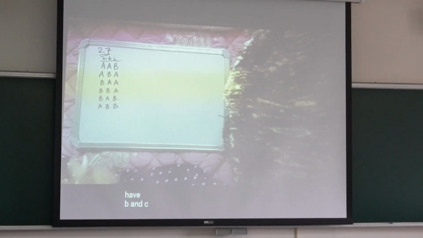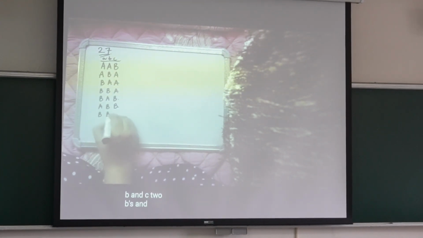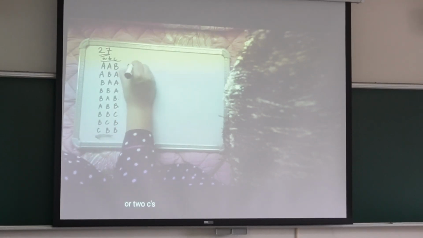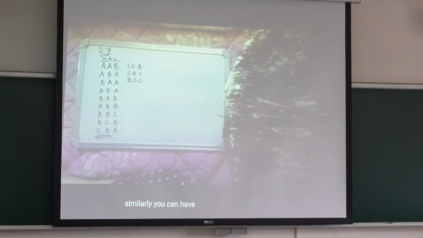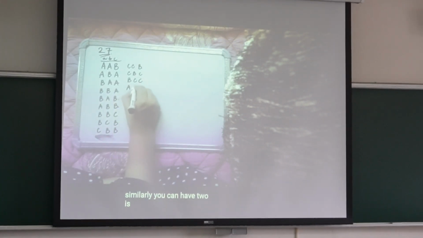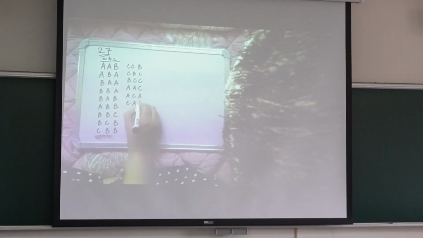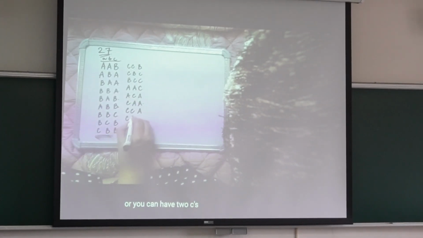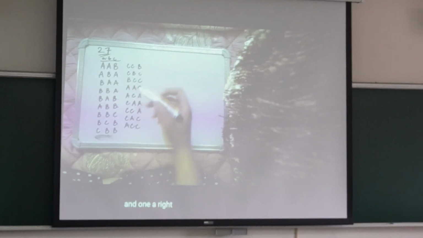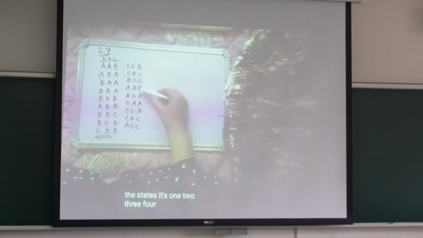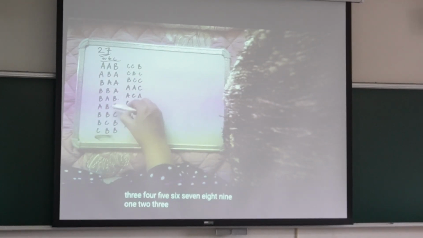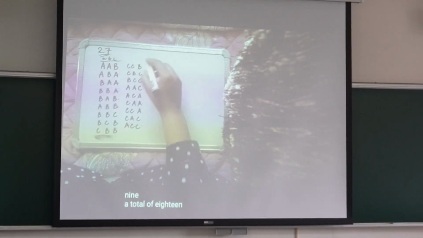Similarly, you can have two B's and one C, or two C's and one B. Similarly, you can have two A's and one C, or two C's and one A. If you just add up all the combinations, it's 1, 2, 3, 4, 5, 6, 7, 8, 9, and another 9, a total of 18 switching states.